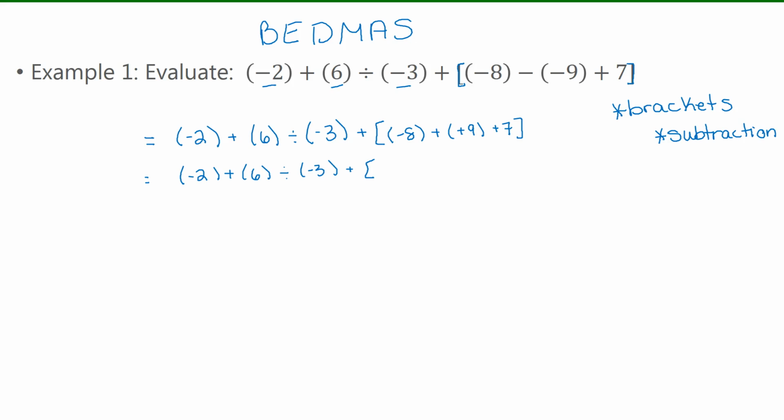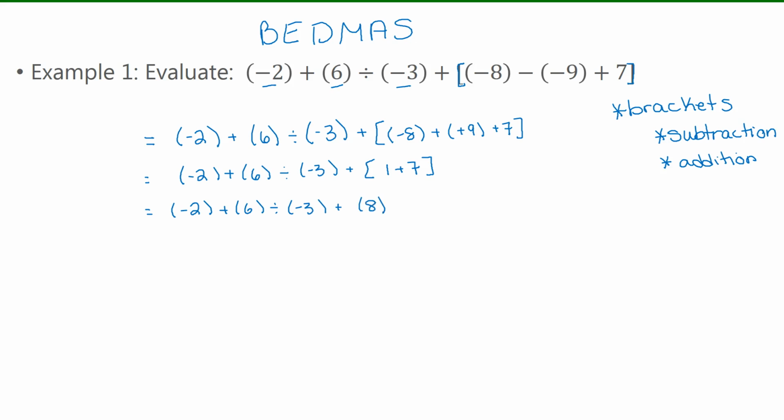So doing that gives us a +1, just 1 plus 7. Now we're still within our brackets. Still need to continue with that and next do our addition. 1 plus 7. And that gives us 8.